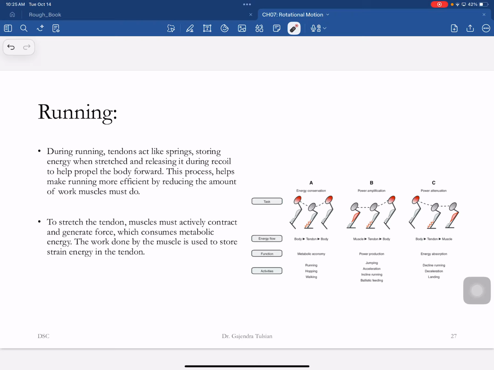Here, when you're climbing stairs, for instance, you're getting ready to climb stairs. The muscle had to contract and had to do work. And the tendons stretched, and when you lifted your heel up, you propelled yourself forward. So this energy got converted to gravitational potential energy. So you have to do work to climb stairs, and when you're on level motion, it's efficient to use the energy stored in the tendons.